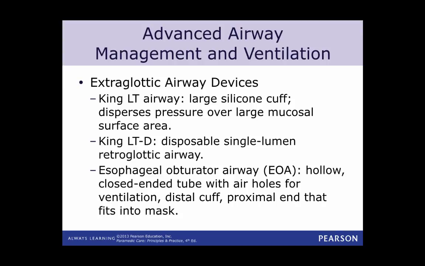And even for inexperienced providers, the first-time pass rates to successful ventilation in quite a few studies is in that 95% range. So that's pretty outstanding, taking into consideration the ability of the user and that there's been more than just single studies done on it.